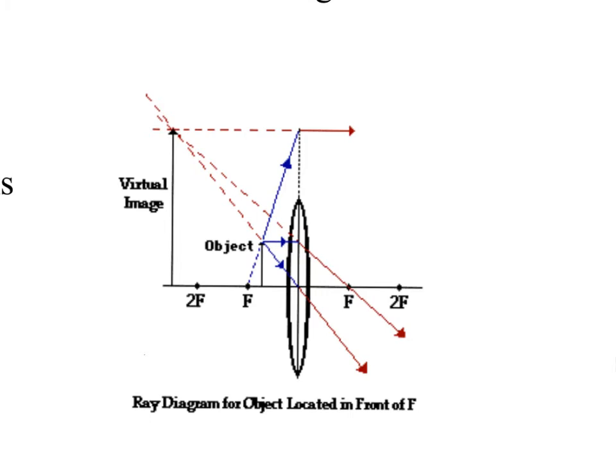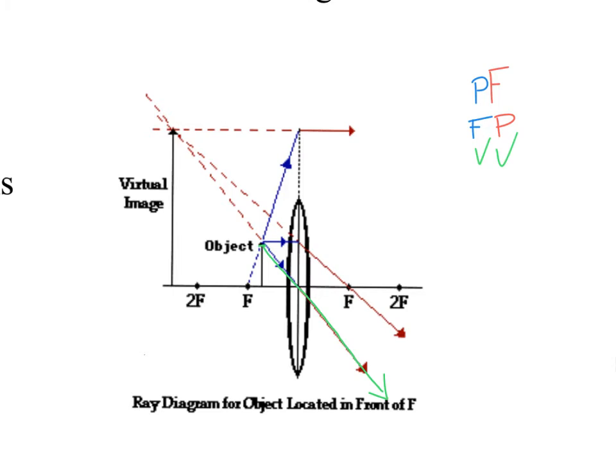So same as always, our rules are parallel, focal, focal, parallel, and good old V to V. So you will see here that our object is right here, placed between F and the lens. And so I'm going to start with V to V because that is always the easiest one. And V to V is going to go straight through.